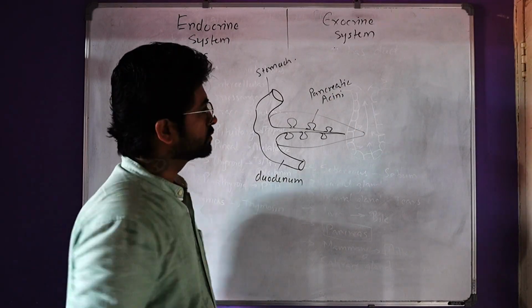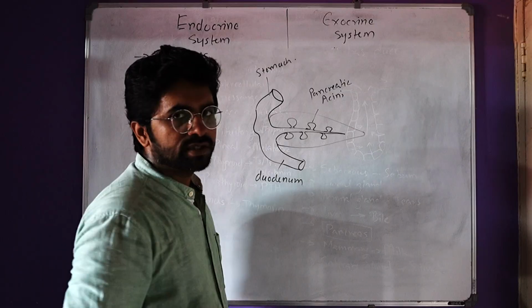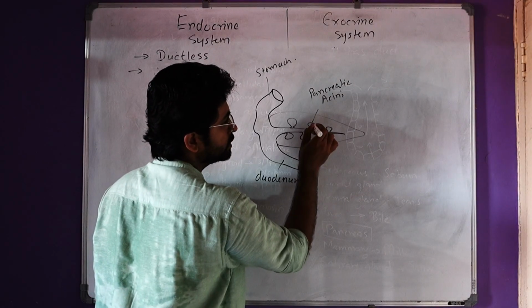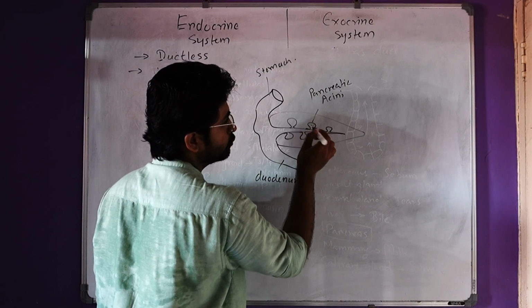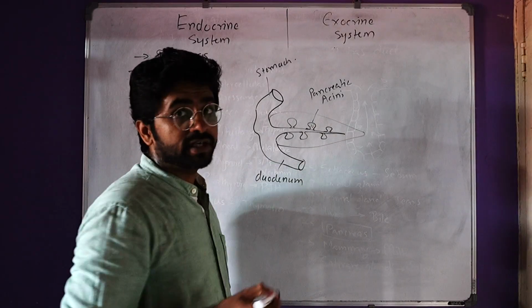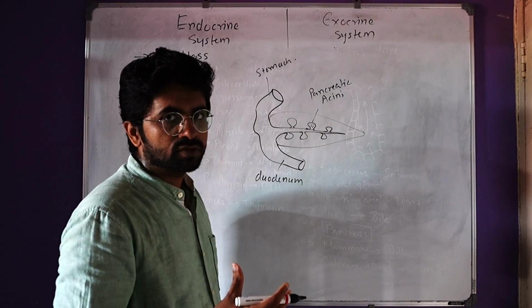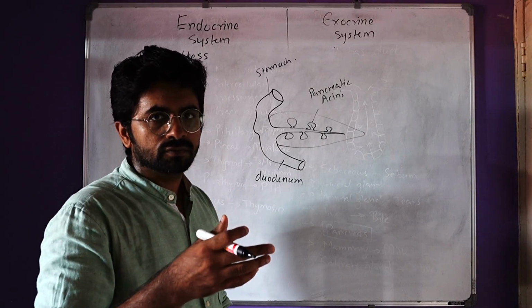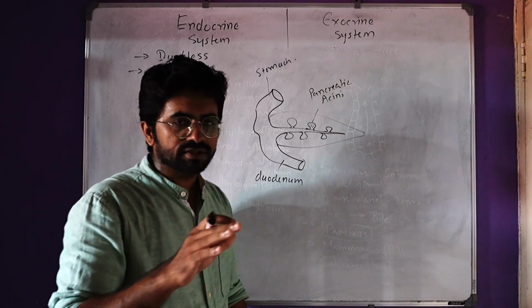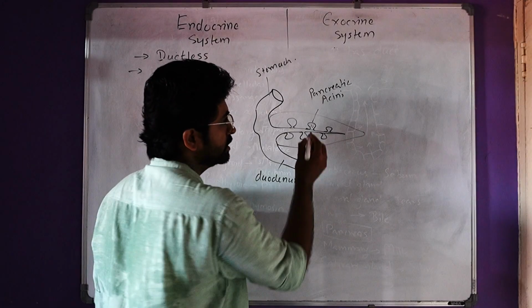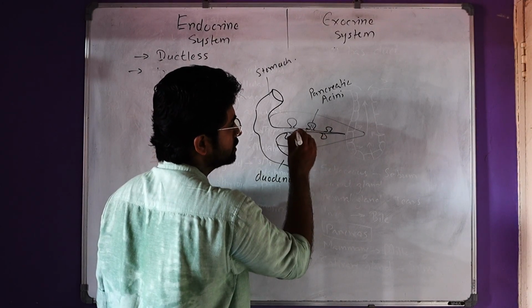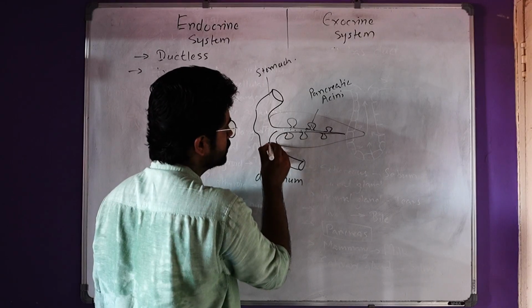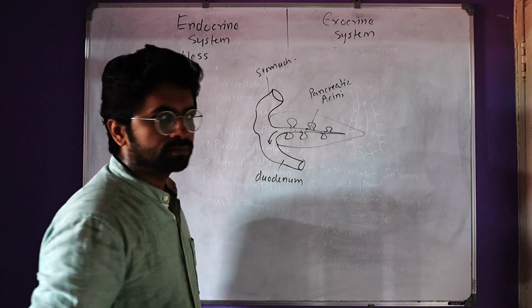Okay, this pancreatic acini will put their secretion. What do they secrete? Enzymes like peptidase, lipase and all, which are helpful for digestion. So digestive enzymes, they will put here in this duct, and from the duct they will be added into duodenum.